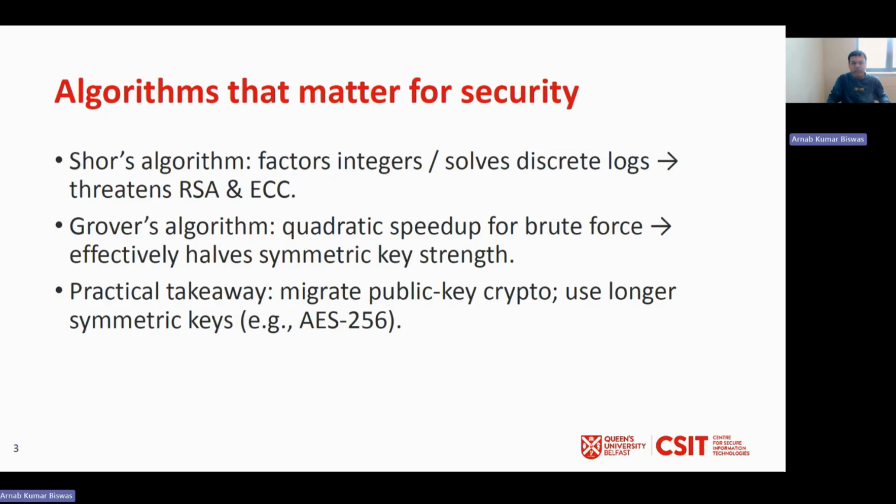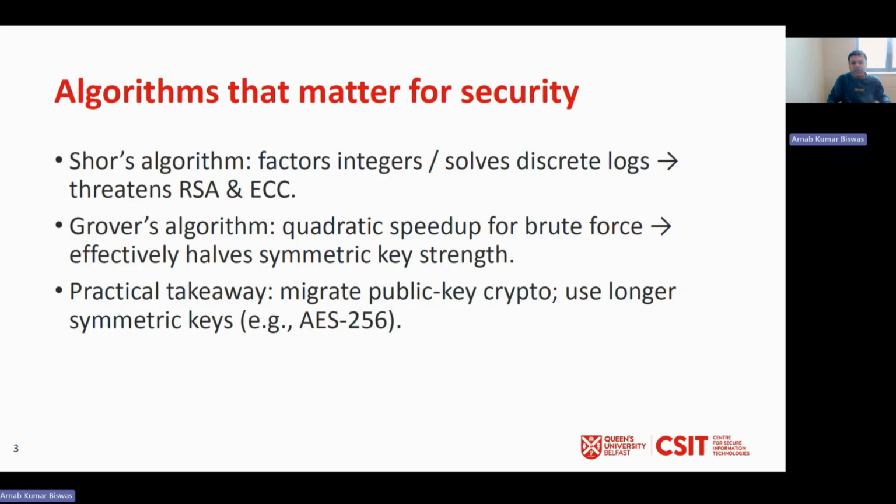So that's Grover's. We can see that Shor's algorithm gives an exponential speedup, whereas Grover's algorithm only gives a quadratic speedup. This point is quite important to understand.